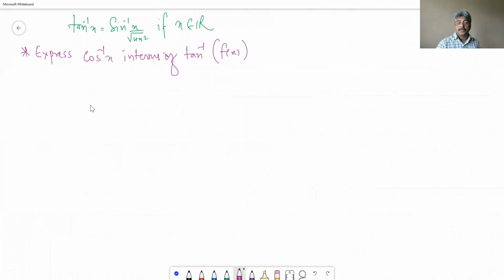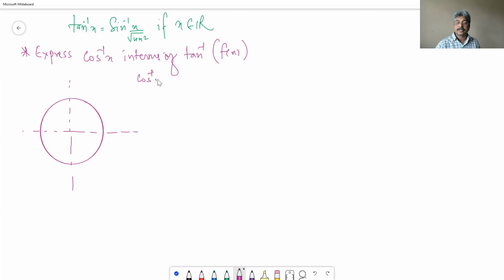Now we have been given cos inverse x. The safe case is when you are in 0 to 1, so let us deal with that first.